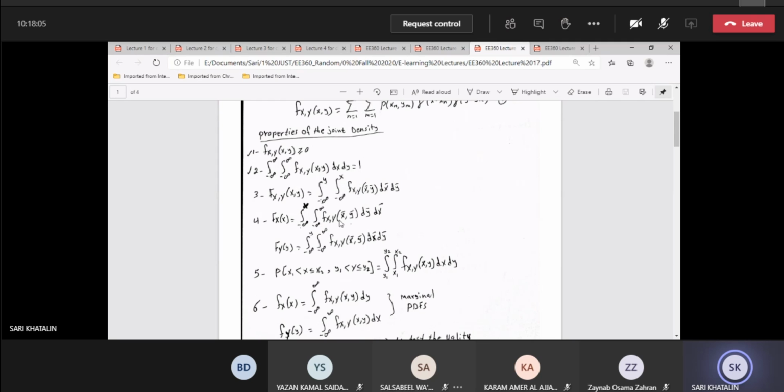And to find the marginal CDF from the joint PDF, for example for X, you set one of the limits to infinity, so it's going to be minus infinity to infinity.